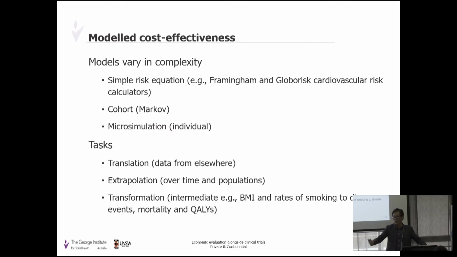And these are all based on data from elsewhere. So you're not just relying on the data that you're collecting in a trial or the impact evaluation. You're now trawling through the literature to inform your model, to enable you to predict these longer term outcomes. For a lot of prevention, if you guys are involved in prevention, modelling is going to be a big part of the economic evaluations because you're not going to see too many changes in QALYs over the lifetime of your study.